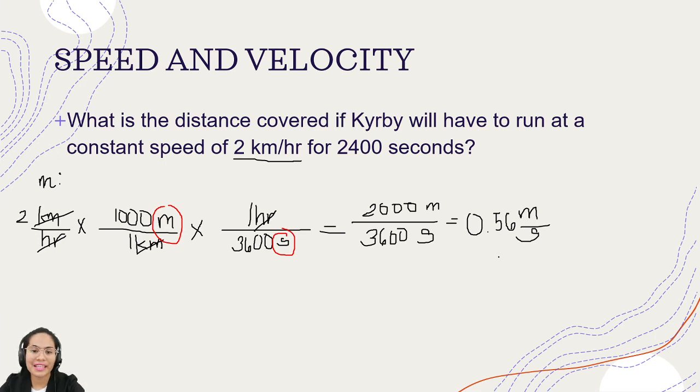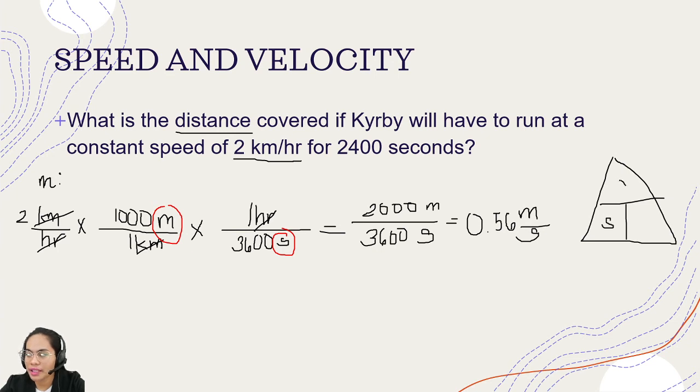Pero hindi pa dyan nagtatapos kasi ang kinukuha natin is the distance covered. Ito, speed lang to. This is the converted speed for 2 kilometers per hour. Tama? So we are going to use our triangle once again, with speed, distance, and time.